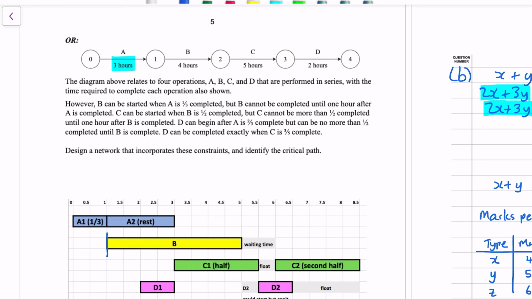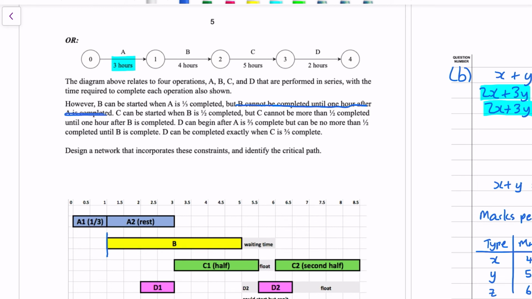B cannot be completed until 1 hour after A is completed. Well, that information tells us absolutely nothing, because A goes all the way to 3 hours and B's still got 2 hours left. So it's not going to constrain us at all. We can just delete that.